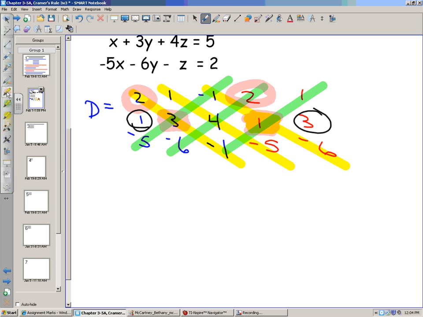So every number has been used forward and backwards. Does that make sense? Yes or no? So the 1 and the 3 that are on the very outside in the middle, yes, they're being left out, but they're being left out because they have to be left out because they've already been used twice. Does that make sense? So do we all understand why you have to recopy columns 1 and 2 again? We good?